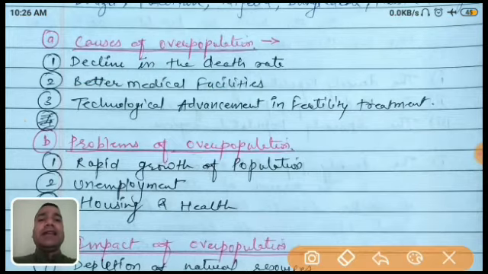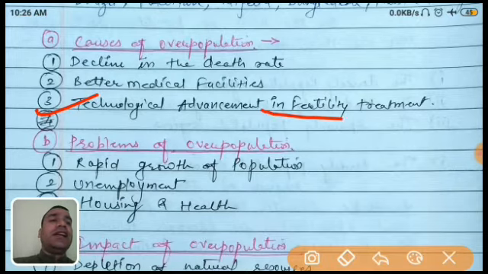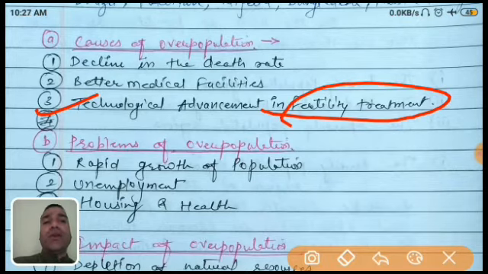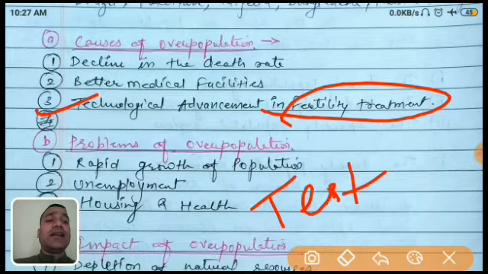The third one is technological advancement in fertility treatment. Before that, you have to understand what fertility treatment is. Earlier, the rate of fertility was very low because science was not that developed. But nowadays test tube babies have started, I think you have studied this in biology. Medicines which are easily available can improve the fertility rate.